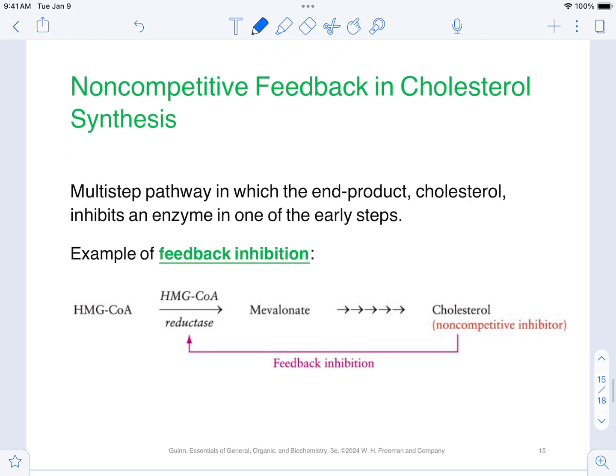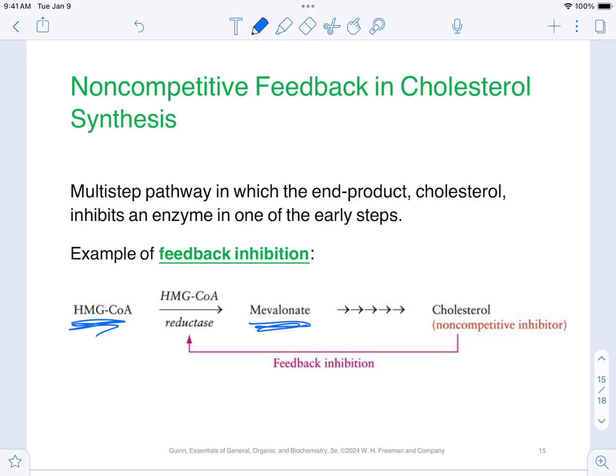So here is an example of non-competitive feedback in cholesterol synthesis. This is pretty interesting because cholesterol inhibits its own synthesis when the concentration is high. So we have this HMG CoA, and this converts to mevalonate.